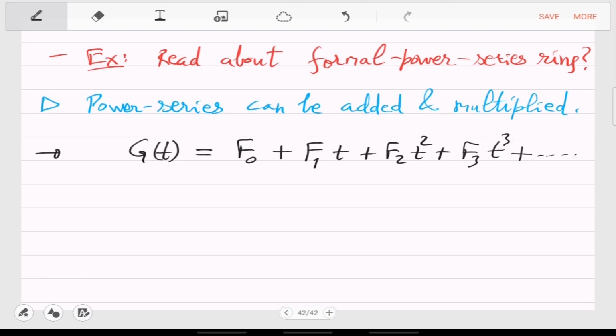Now if you focus on Fn, you want Fn to be related to Fn minus 1, right? So what is done, and you will see why, you multiply this with t, so you will get F0t, you just shift the representation. It's the same thing.